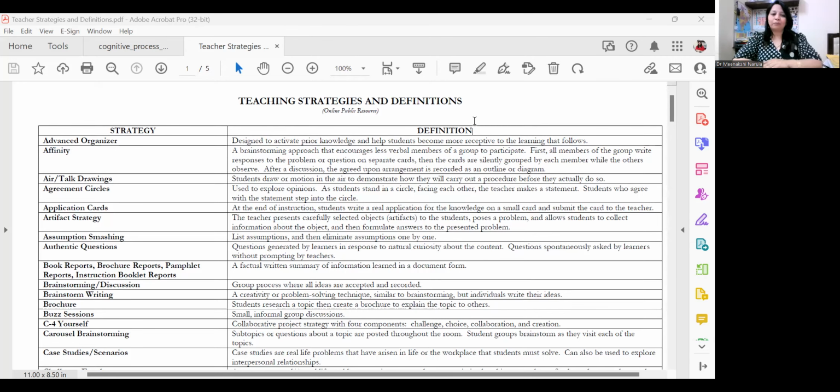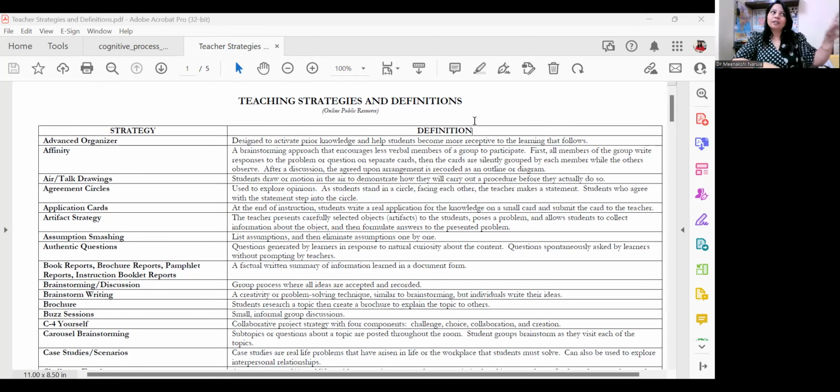Next is carousel brainstorming. For that, I have already shared a complete video on my channel. This is a cooperative learning strategy given by Kagan. In that, subtopics or questions about a topic are posted throughout the room, and student groups brainstorm as they visit each of the topics. Suppose you have posted 4 or 5 topics in the corners of the room and divided your students into 4 or 5 groups.